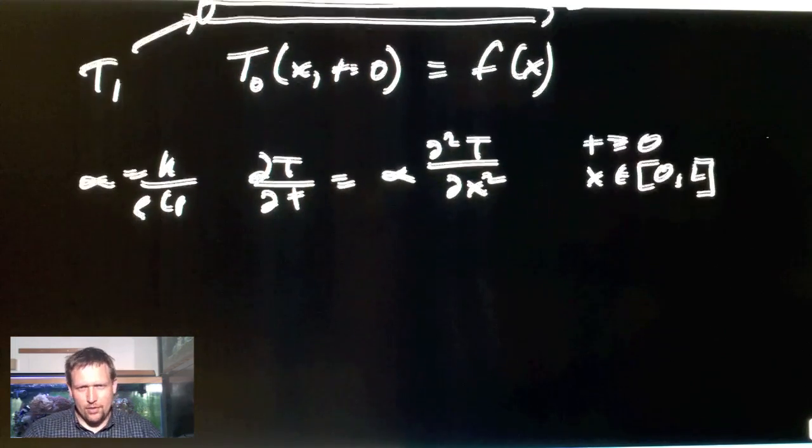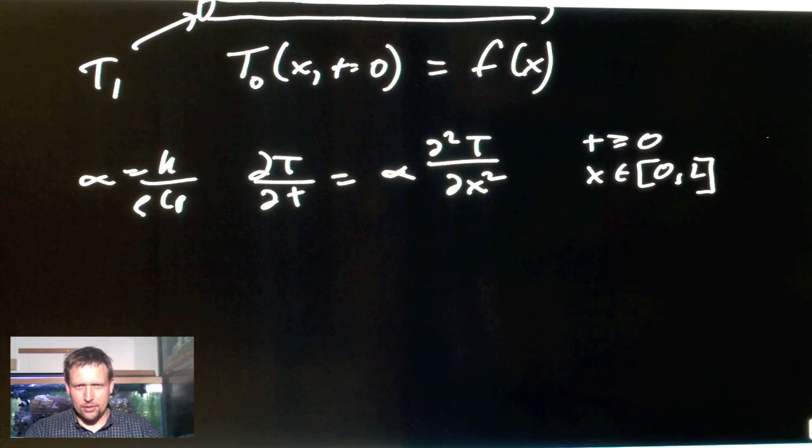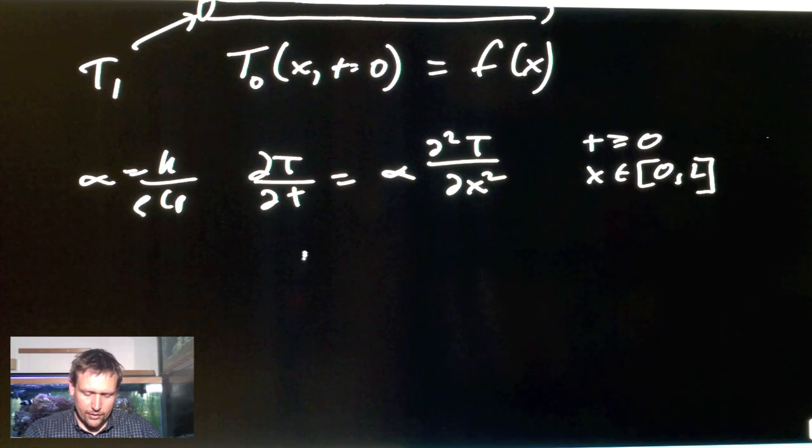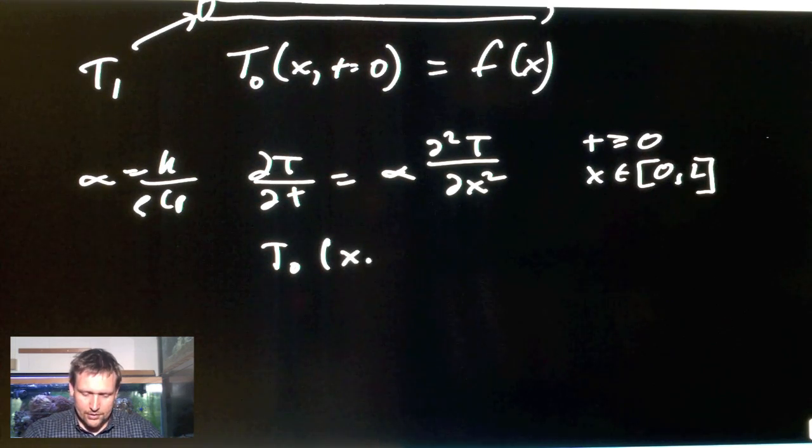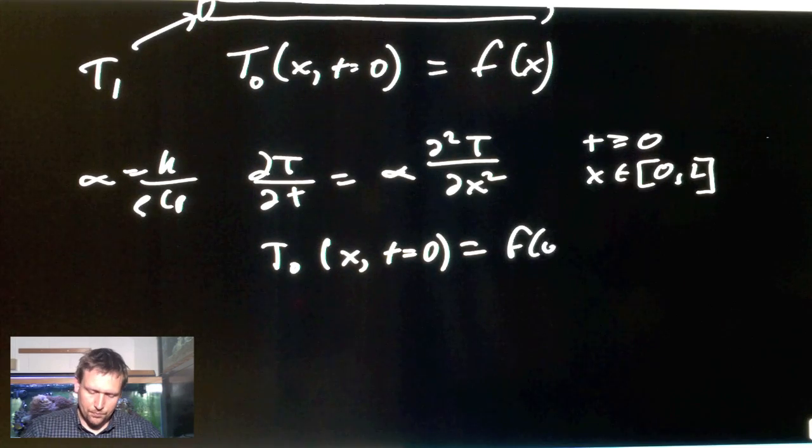So this is one part of the equation. We also have to specify the other parts of this equation in order to solve this problem. One of the conditions is the initial condition. T is a function of x, comma, time equals 0 equals some f of x. Other conditions are the boundary conditions.